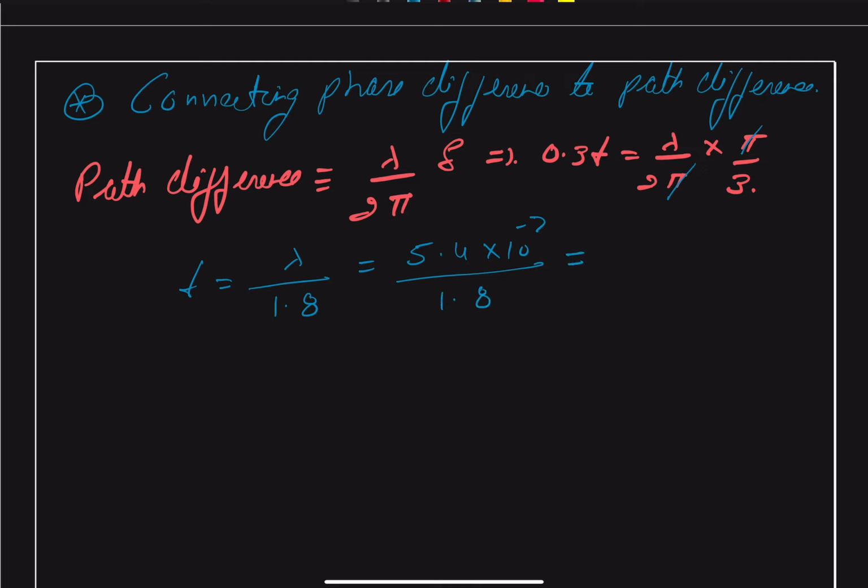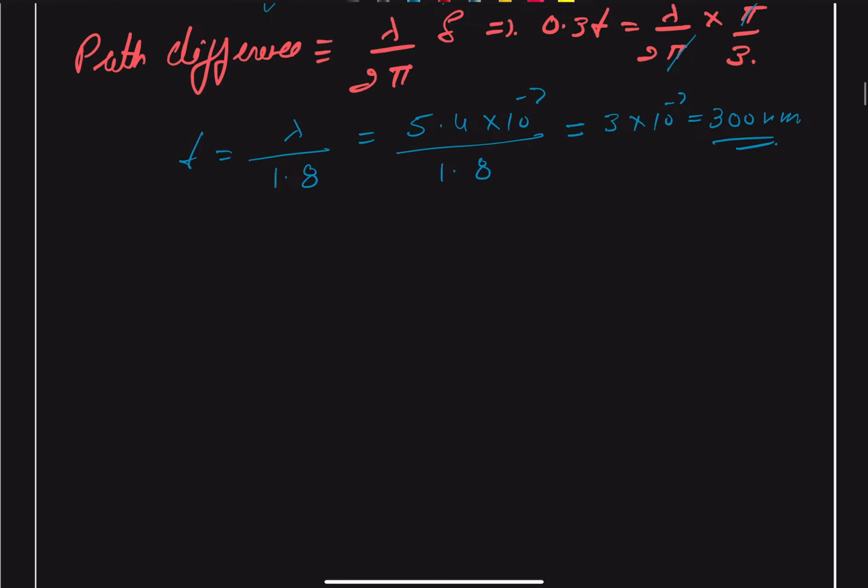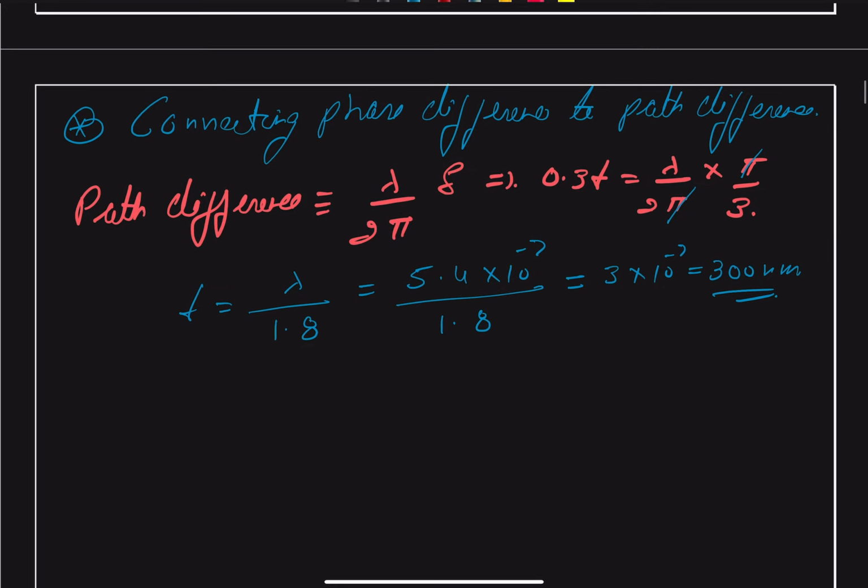So this will be close to 3 times 10 to the minus 7, or we can write this as 300 nanometers. This was the thickness t.